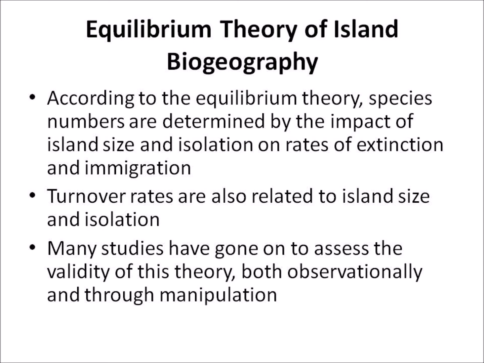So for example, you can go visit an archipelago or an island chain, and you can examine species diversity on those islands. And you can ask the question, does the relationship between species diversity, isolation, and size follow what you would expect based on the equilibrium theory of biogeography, or does it deviate from that expected relationship?